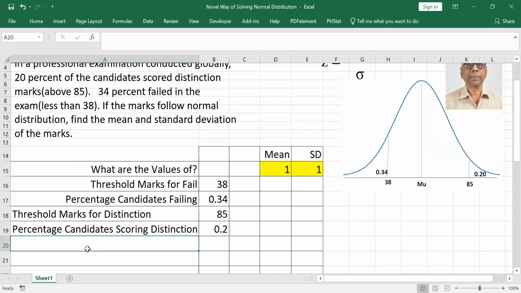Now what we do is, I write equation 1 and equation 2 here, corresponding to these two ordinates.